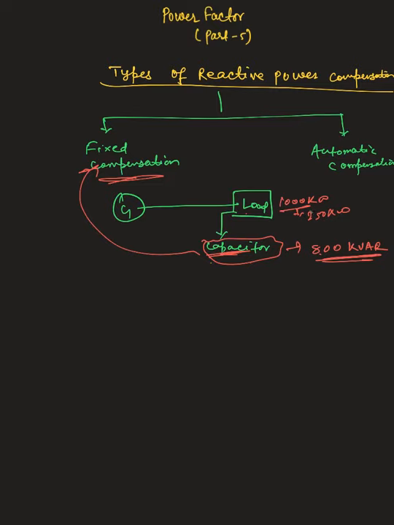Because a 250 kilowatt load will require less kVAR and a 1000 kilowatt load will require large kVAR, but still the kVAR is not changing. This capacitor bank is not automatically sensing what kVAR is required, and it is a fixed type. If you want to change it, you have to do it manually. You have to disconnect the capacitor from this bus. So that is called fixed compensation.